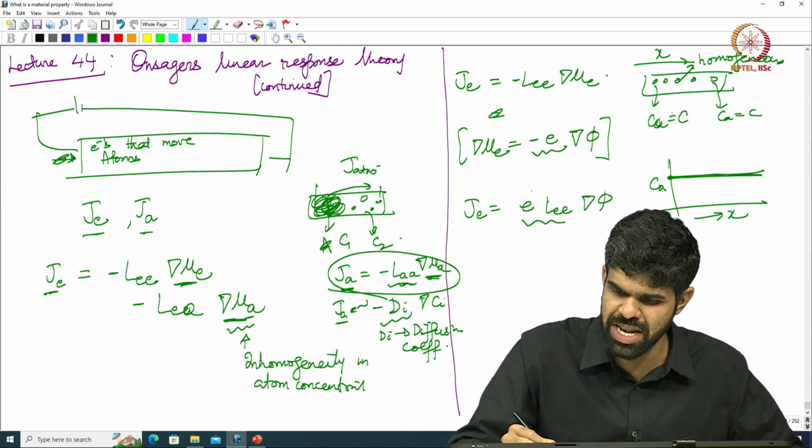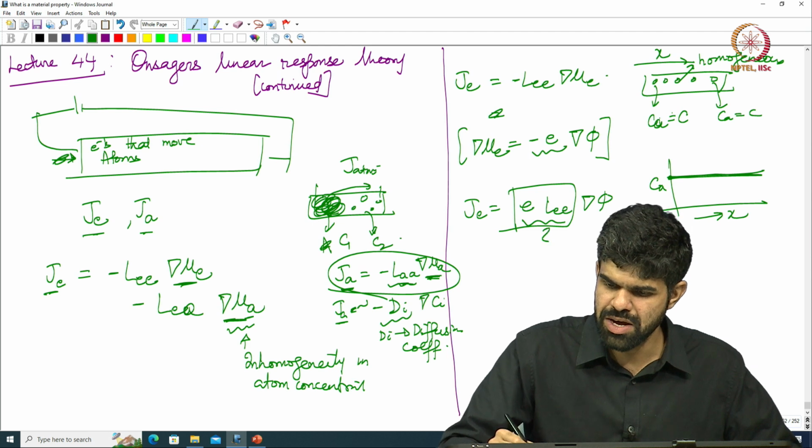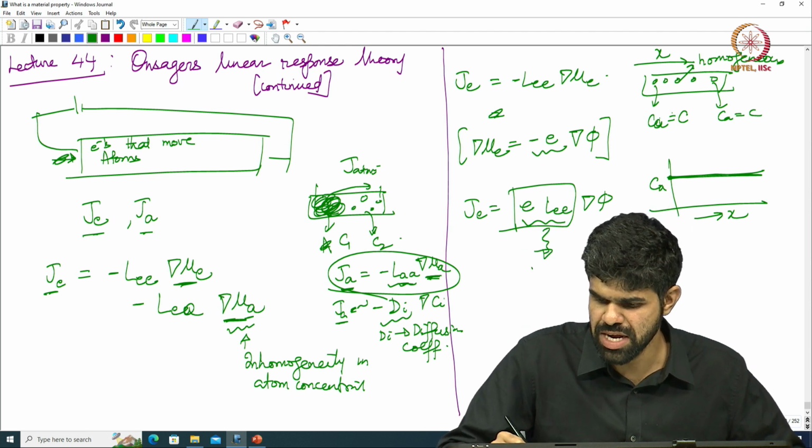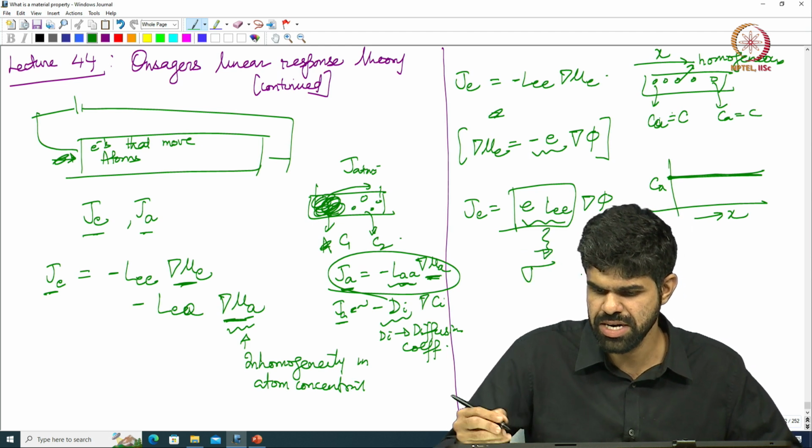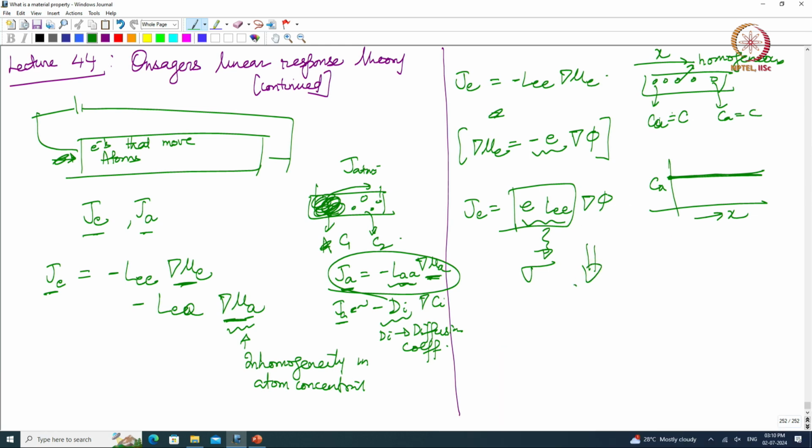This E times Lee, or gradient of phi, is my conductivity, sigma. This is nothing but Ohm's law, J equal to sigma E. So, this is E, this is J, this is sigma.